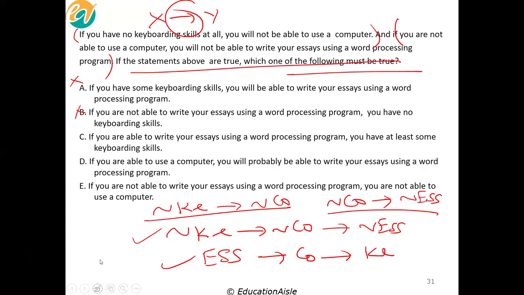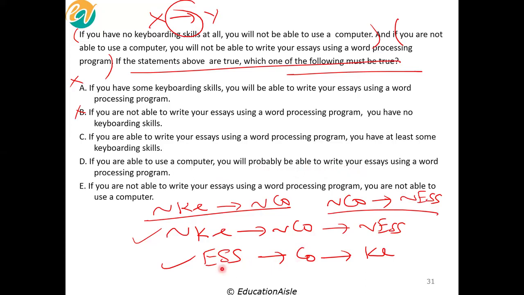So Alpha gone, Baker gone. Let's look at Charlie. If you are able to write your essays using a word processing program, you have at least some keyboarding skills. Absolutely valid, going from left to right. Okay, let's look at David. If you are able to use a computer, you will probably be able to write your essays. What's the issue with this?